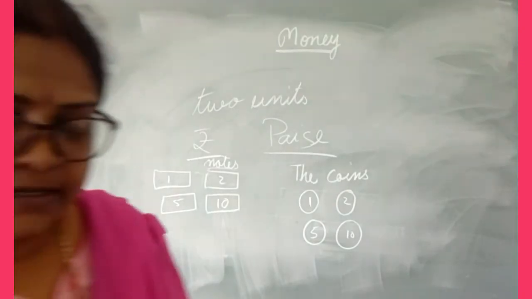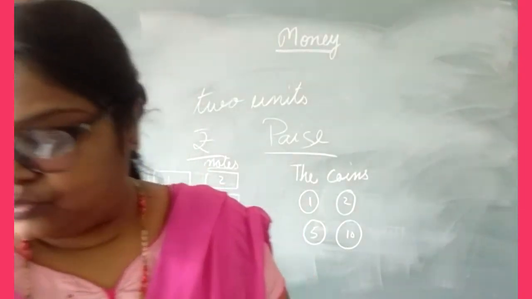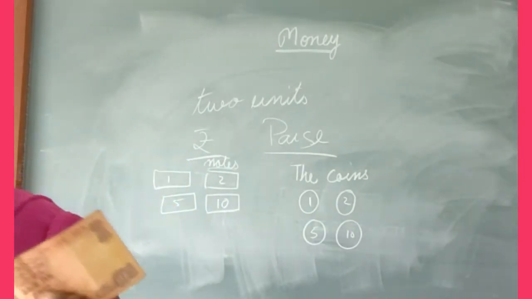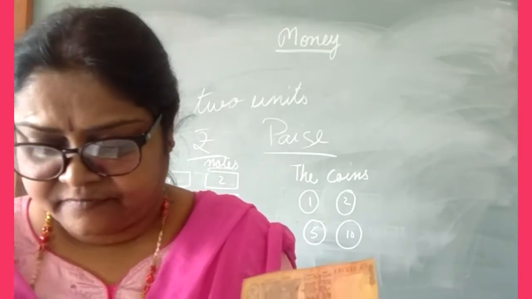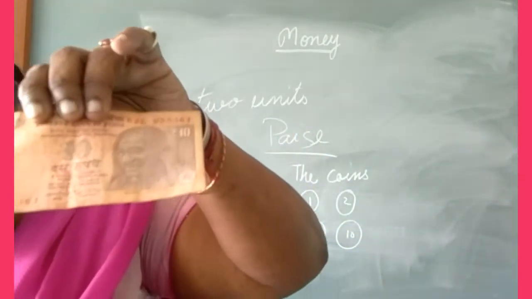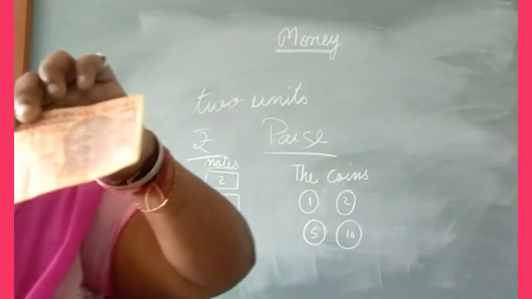Now, if any figure is given to you, with rupees and paisa, you can write it in words and you can write it in figures. So what will you write in words? This is 10 rupees. In figure you will write 10.